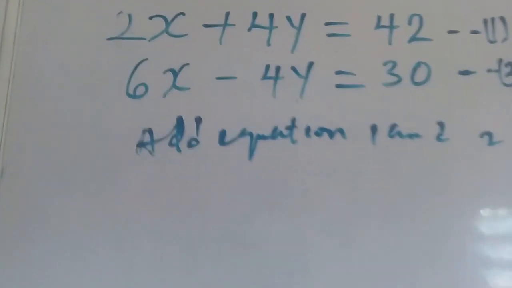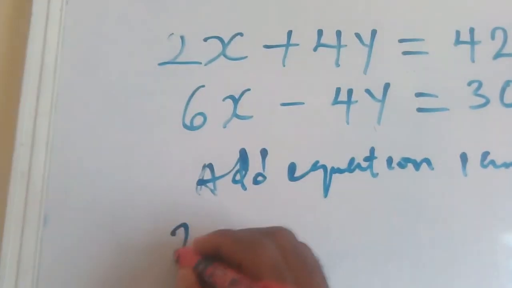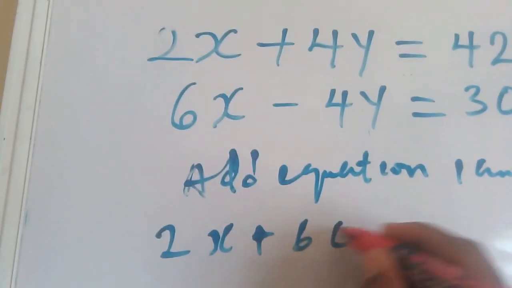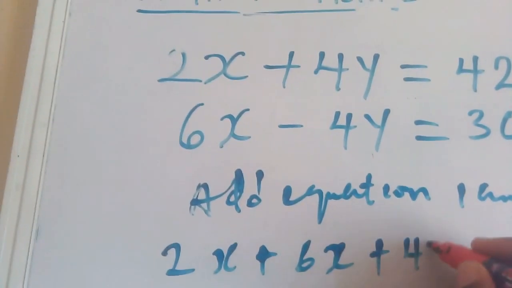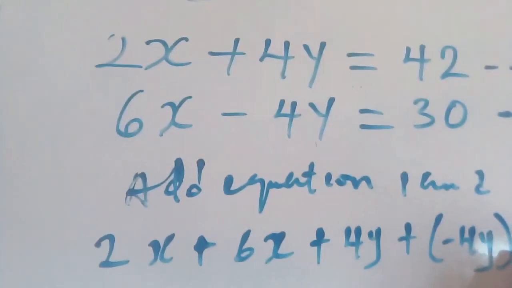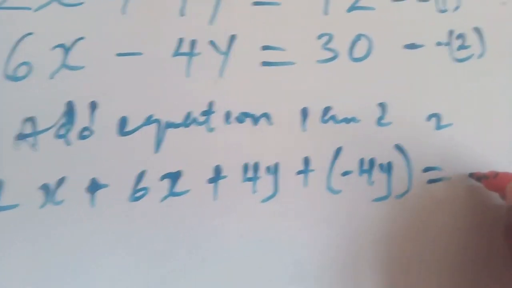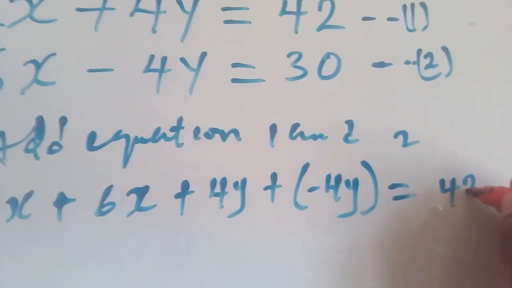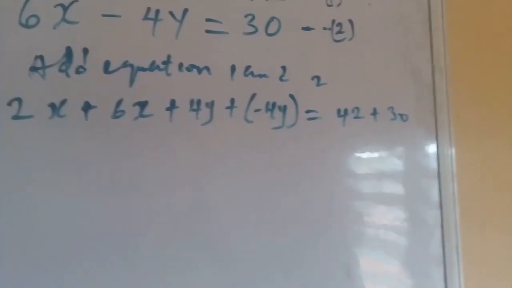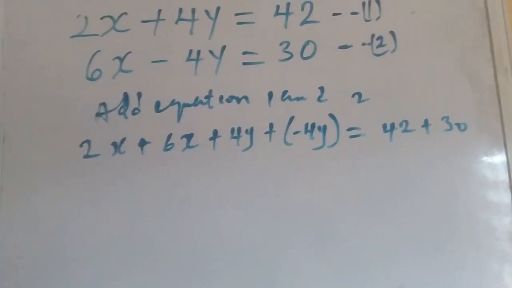So we have 2x plus 6x plus 4y plus minus 4y equals 42 plus 30. So we have been able to add these two equations together.